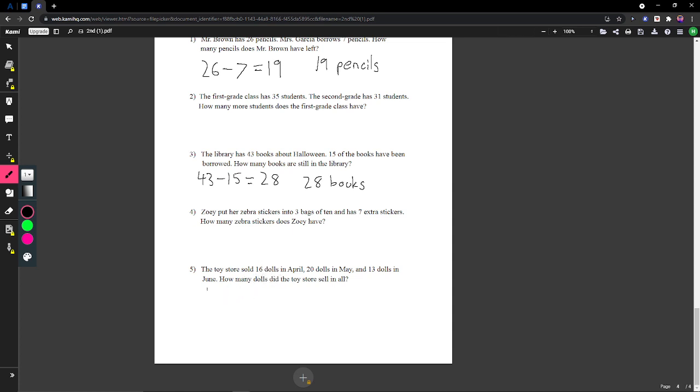In April they sold 16, in May they sold 20, and in June they sold 13. So 6 plus 0 is 6, 6 plus 3 is 9, 1 plus 2 is equal to 3, 3 plus 1 is 4. And so you would get 49. So in context, you would write 49 dolls.